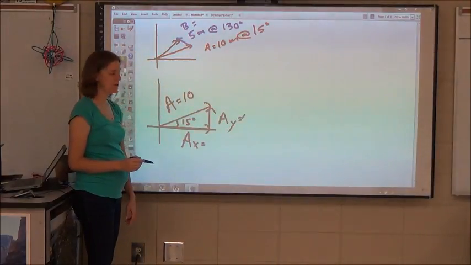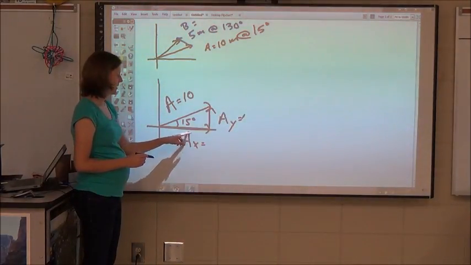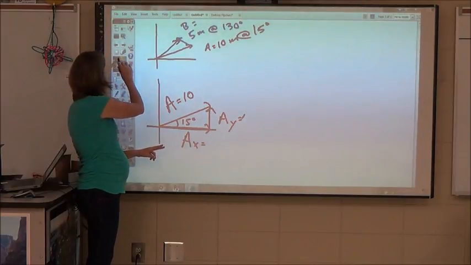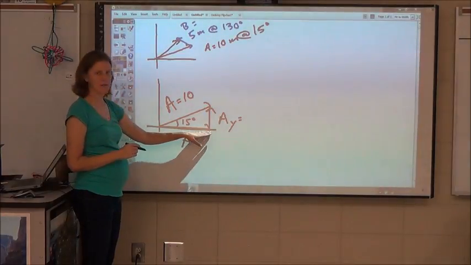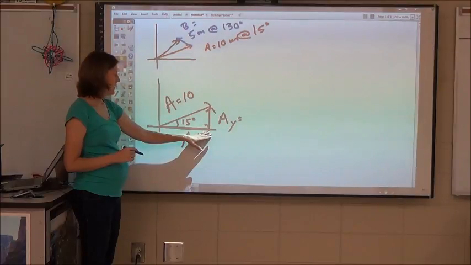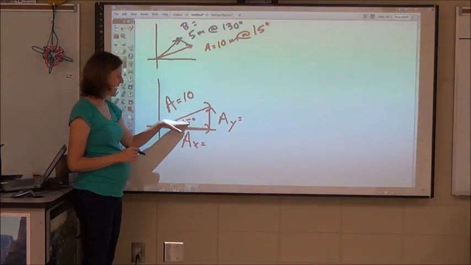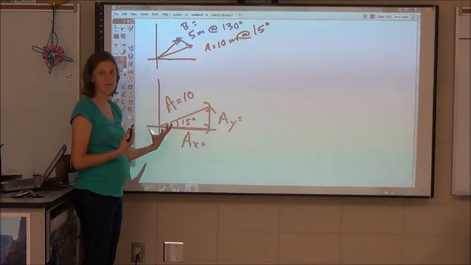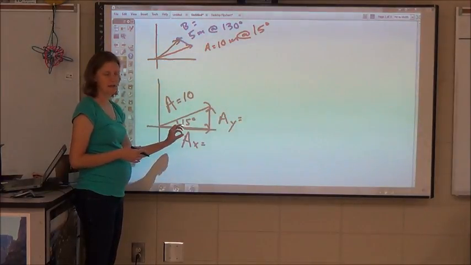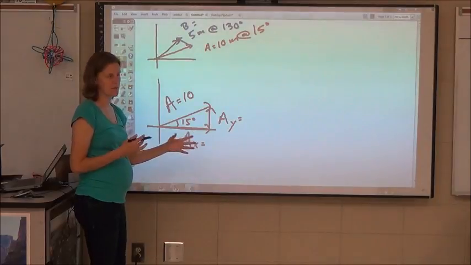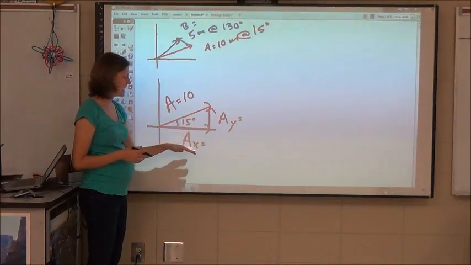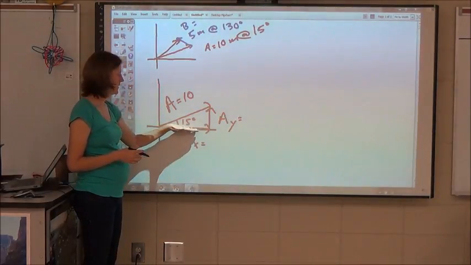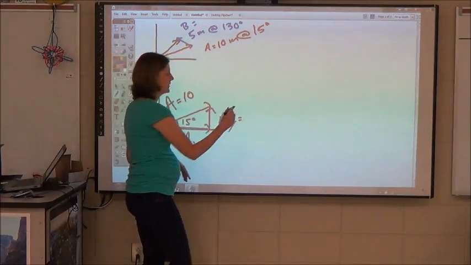So this is where I need to be good at trig. And I'll erase this here in a second, but if I have this angle, and I know the hypotenuse, AX, the way I've drawn it, and again, it doesn't always mean AX is going to be the cosine function, but the way I've drawn it, AX is the adjacent side. Okay, so this is cosine.